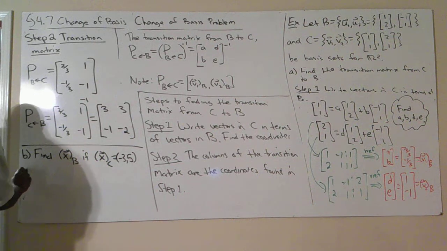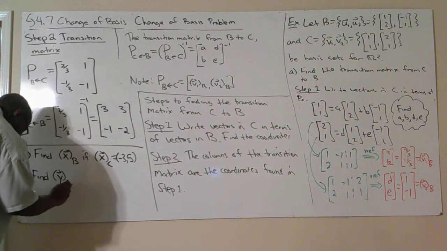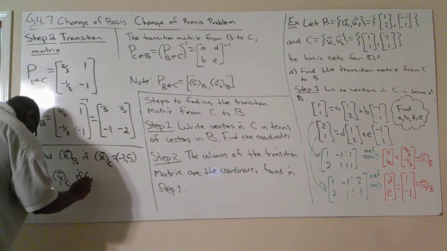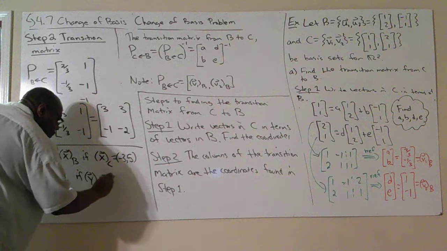And then I have a C. Find the coordinates of Y relative to C if the coordinates of Y relative to B are equal to 1, 1.